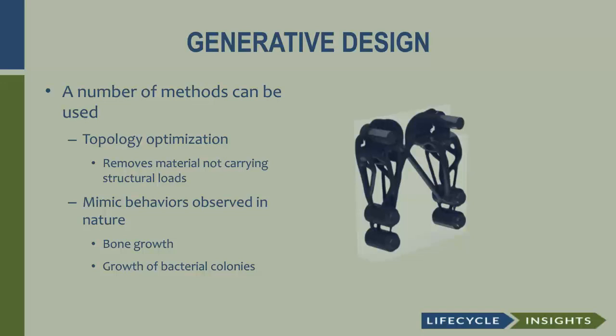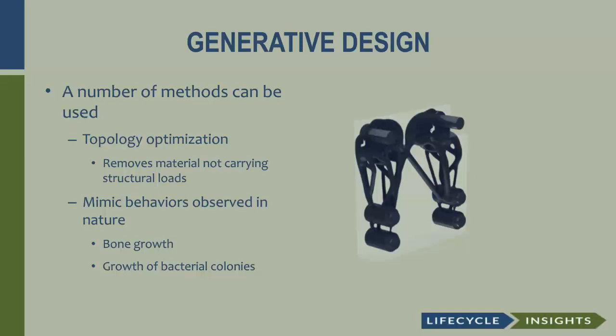It might sound weird, but bacterial colonies have become incredibly efficient at building redundant paths to food sources. So, some researchers are looking at that type of thing and trying to figure out, okay, well, how can we use that for structural analysis and generating more and more designs? So these are a couple of the methodologies that are being used and being put into play.